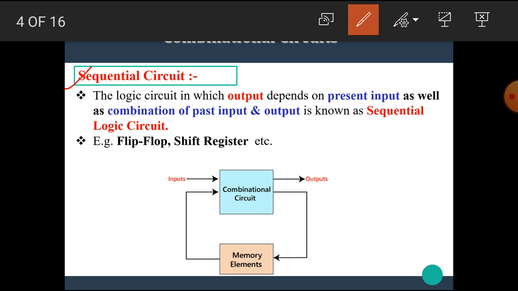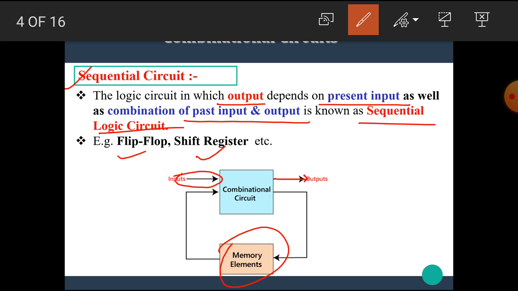The next type of logic circuit is the sequential circuit. The logic circuit in which its output depends on the present input as well as the combination of past input and output is known as the sequential logic circuit. Examples of sequential circuits are flip-flops, shift registers, etc. That means the sequential circuit is the circuit in which its output depends on the present inputs as well as the past inputs and output value.